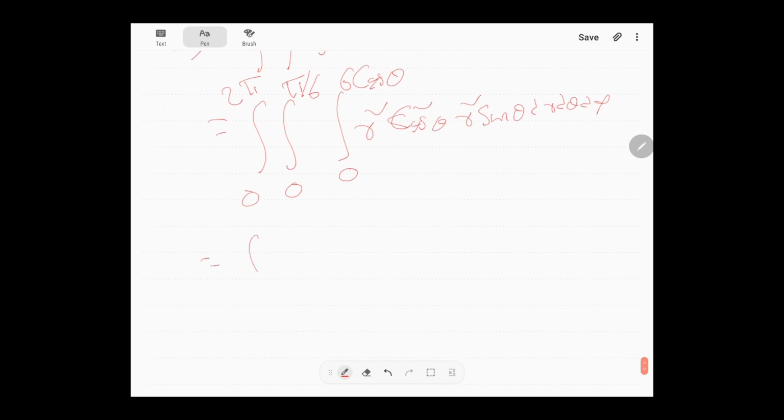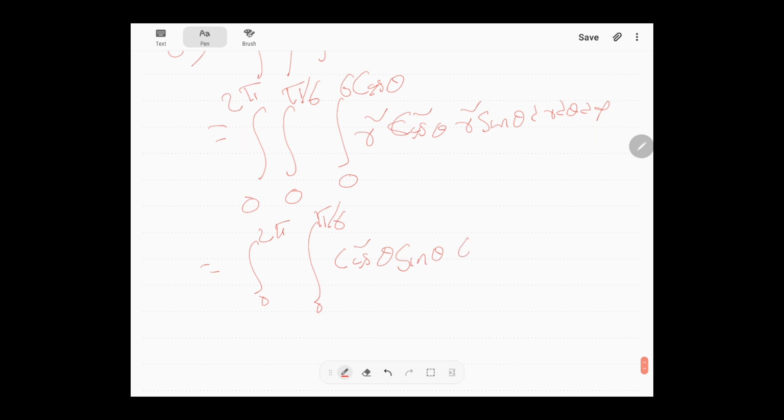Now integrate it. Integral 0 to 2 pi, integral 0 to pi by 6, cos square theta sin theta is constant as far as r is concerned. R square into r square is r power 4. If I integrate it, r power 5 by 5. If I substitute the limits, 6 power 5, cos power 5 theta by 5, d phi, d theta d phi.